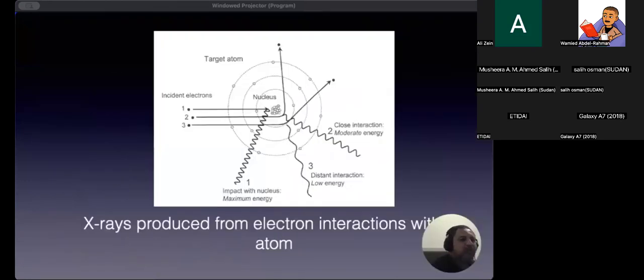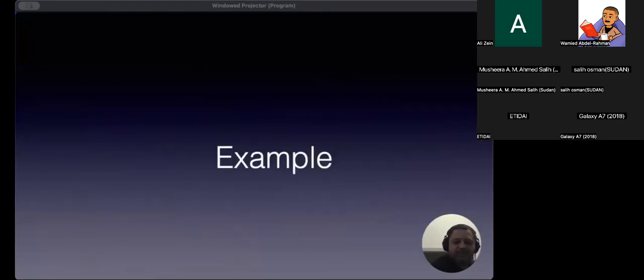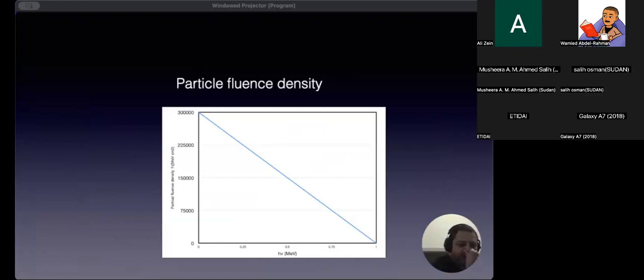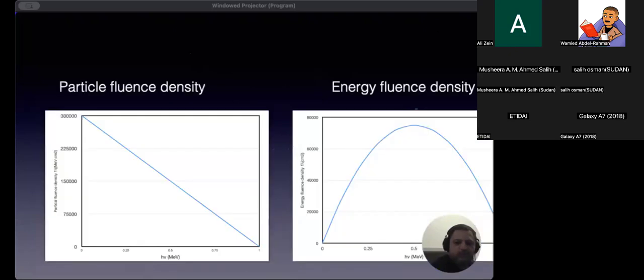So the curves that you mentioned, the example, right? Yes, this one. You said that in practice we use the mean energy averaged over the energy fluence density instead of particle fluence. The concept I didn't grasp well. Can you please explain more about it and why in practice we use this instead of that?